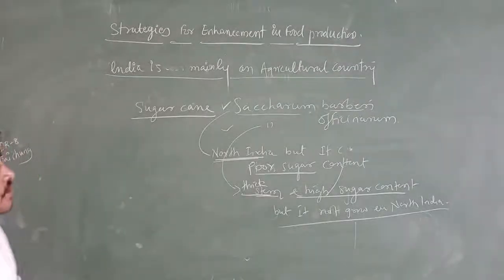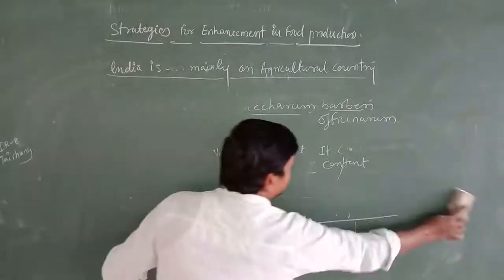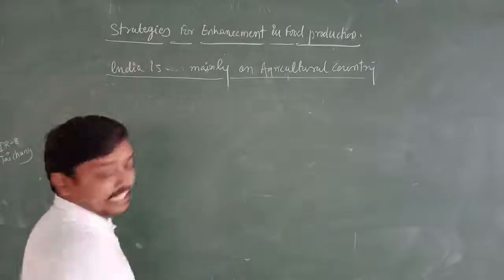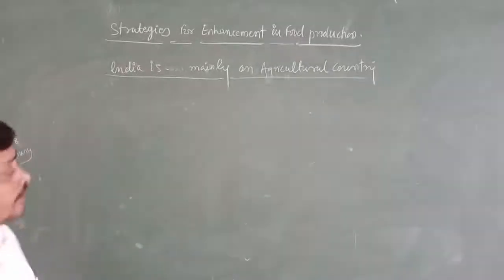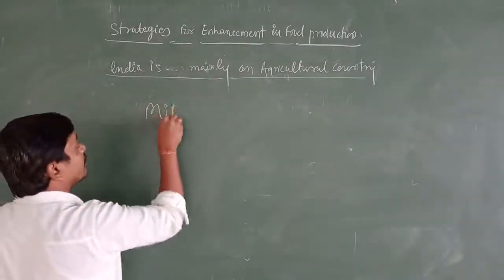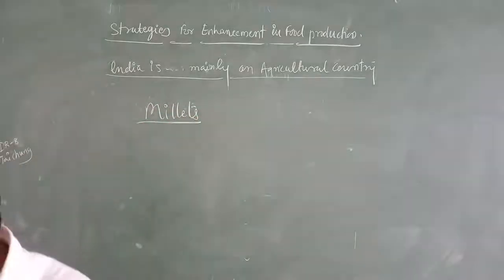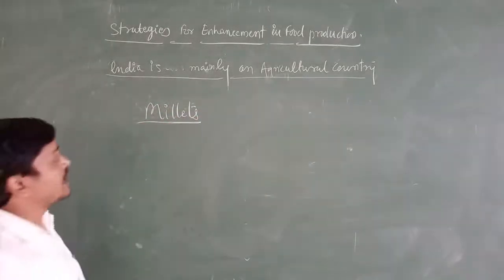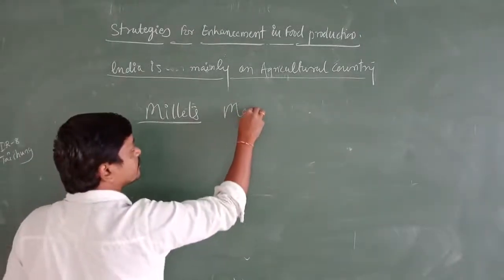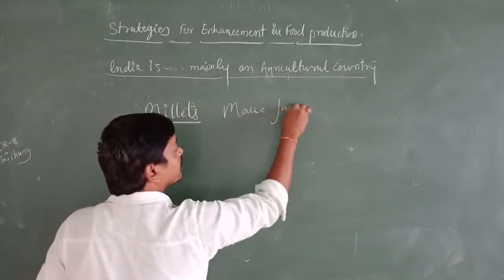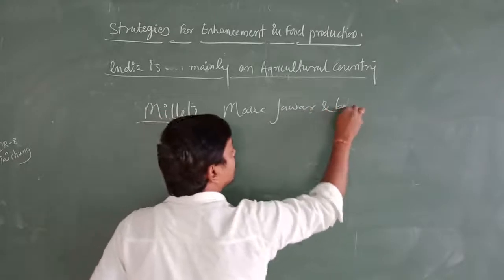And last we are going to study about millets. M-I-L-L-E-T-S. Millets in the sense, we are going to go for maize, jawar and bajra.